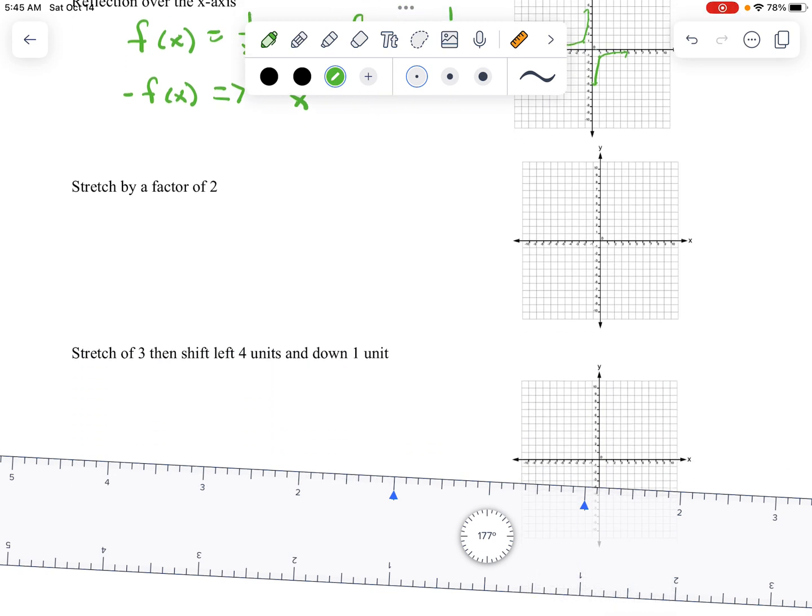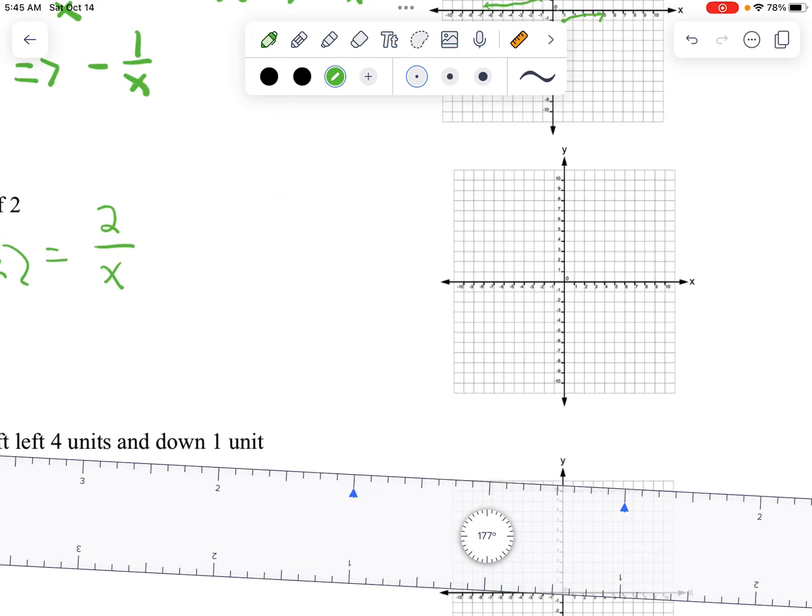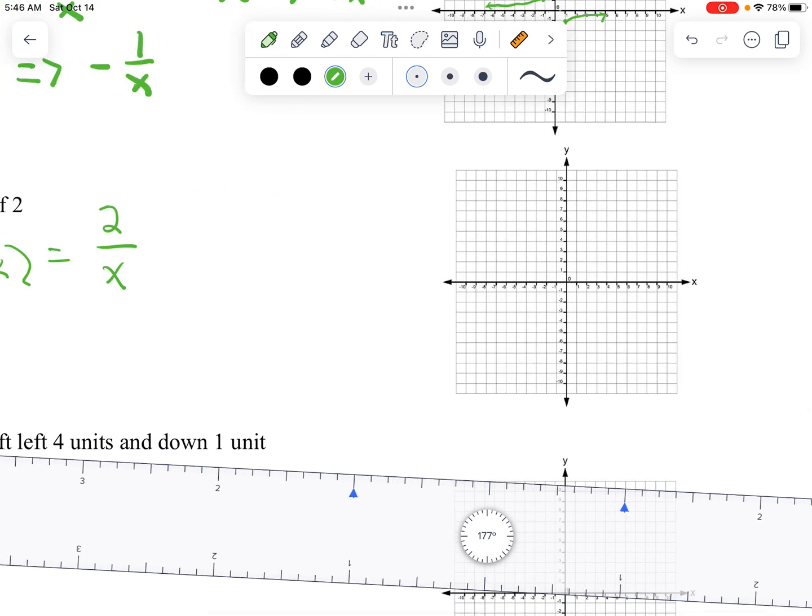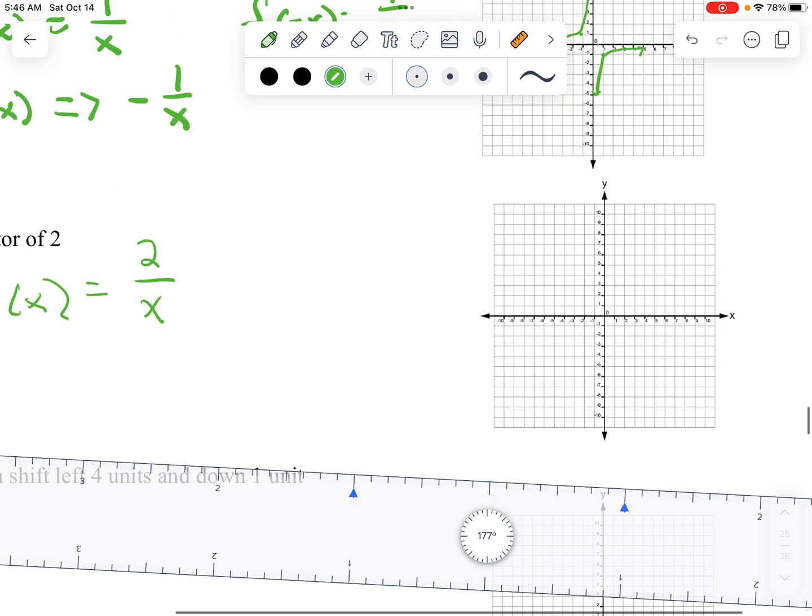Stretches, we can do stretches and shrinks. If we want to stretch by a factor of 2, it's simply 2 over x. I haven't moved my asymptotes, so let's look at an x and y table. Remember, y in this case is 2 over x.